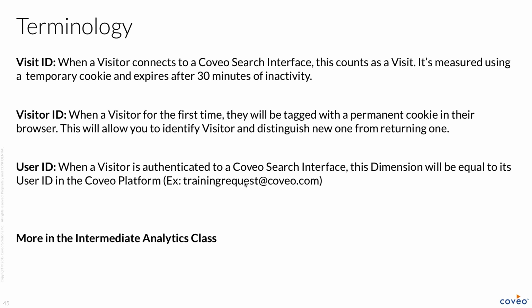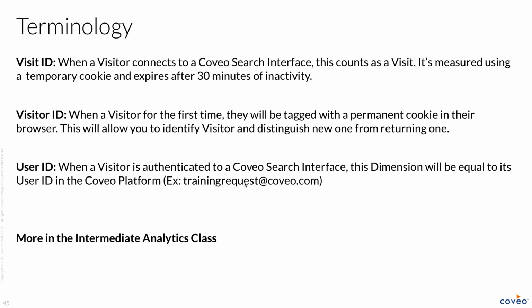A new Coveo search page, that's a new visit. And the visit will be active as long as you are on the page and perform an action within 30 minutes. So you go on a Coveo search page, you leave, you return within 30 minutes, it's still the same visit. However, if you go on a Coveo page, you leave and you return after 30 minutes, that's considered a new visit. We'll see that when we check the visit browser.